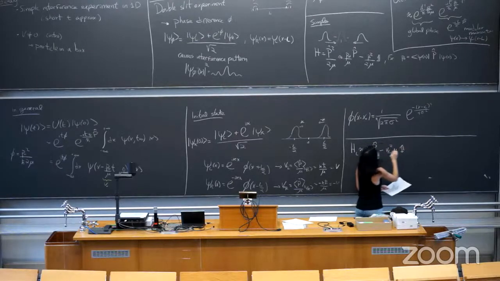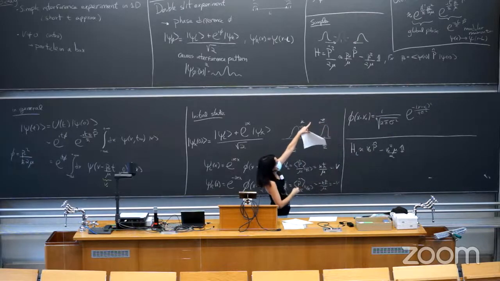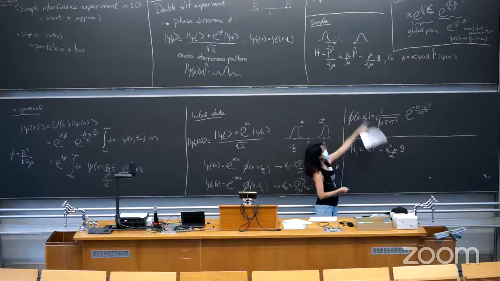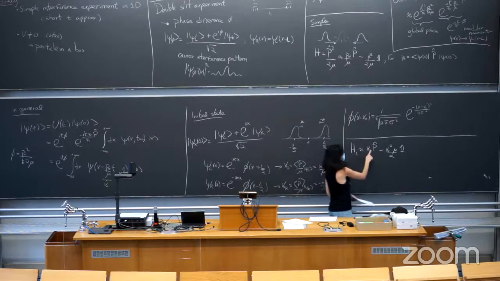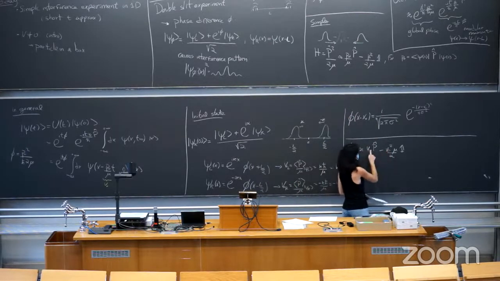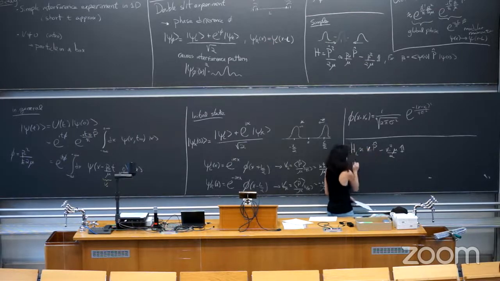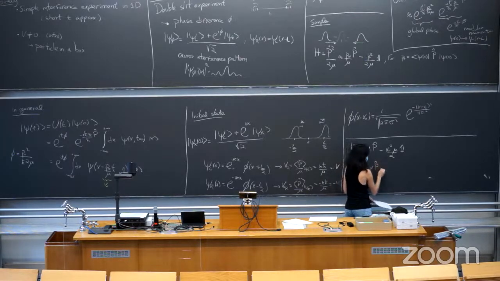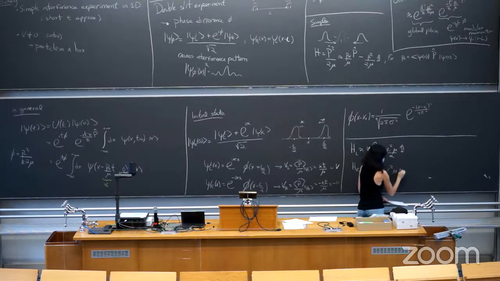I did just that thing there, just replaced p0 over mu by v0. So it's exactly that. And v0 I called now v, so let's call it just v. For the right, you get minus v p, and then minus v squared, minus v squared is the same as v squared, so this. So you get the same constant here, which means that you'll get the same global phase, and this is important.